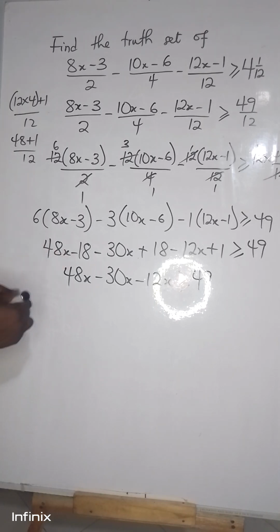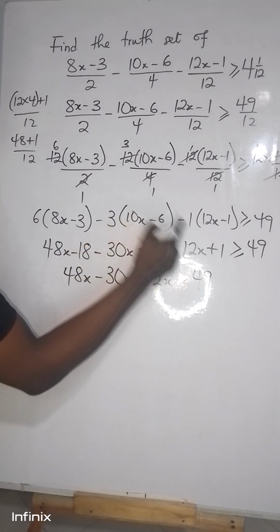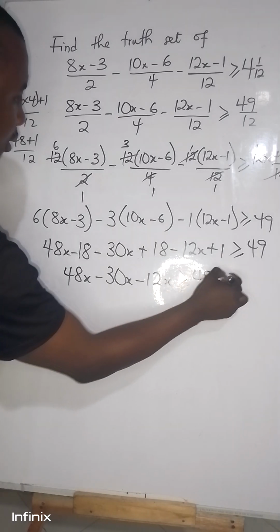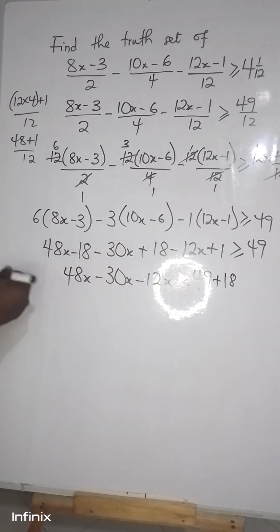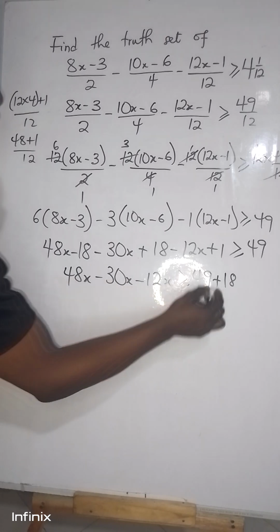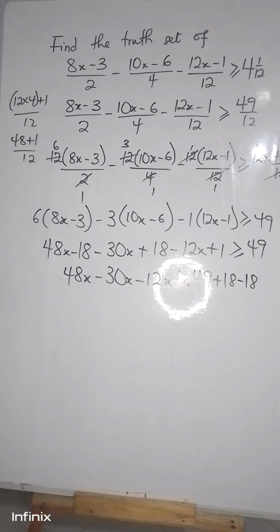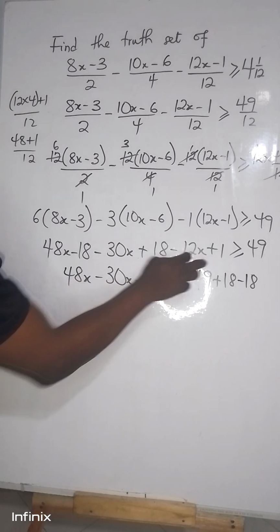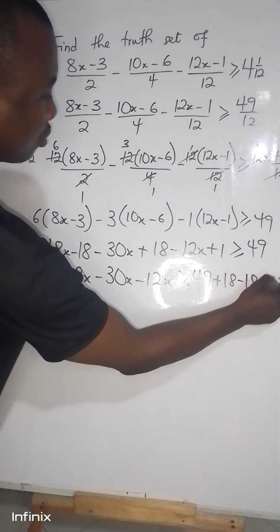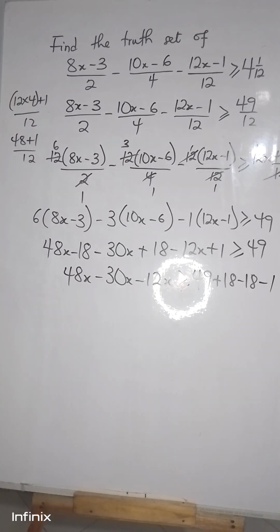So we have this minus 18, that will be plus 18. When it comes to the right side, it becomes minus 18. Then we have 1 here, so that also, when it comes to the right side, becomes negative. That's when it transfers to the right side.